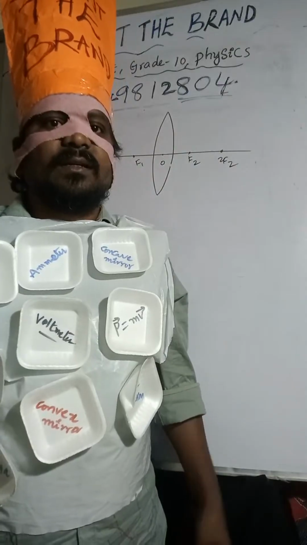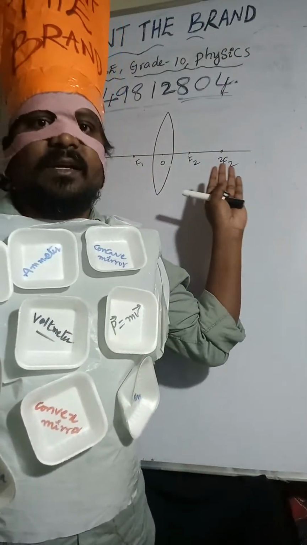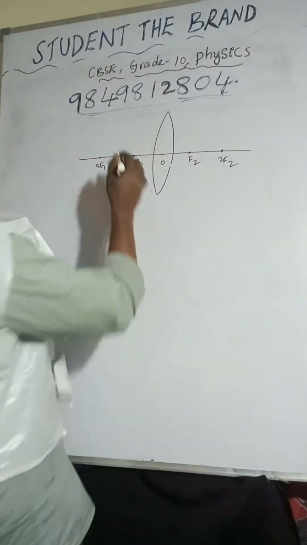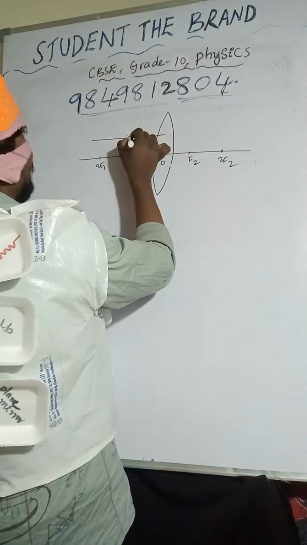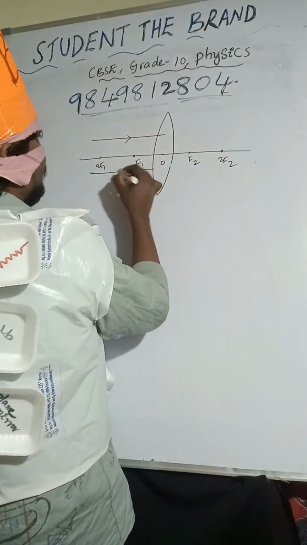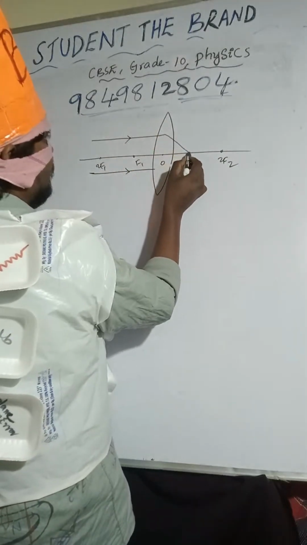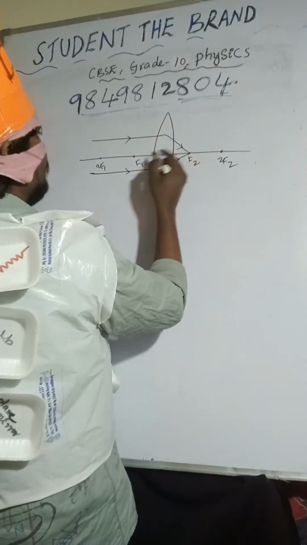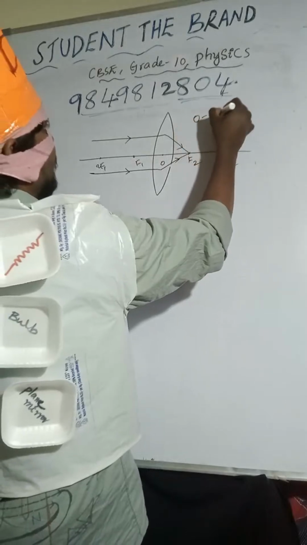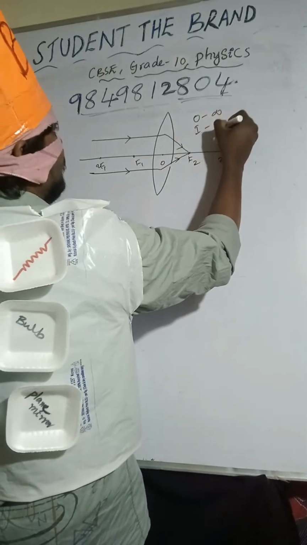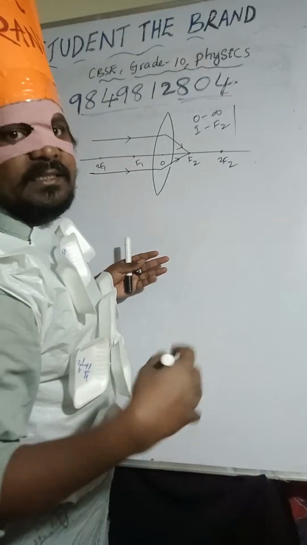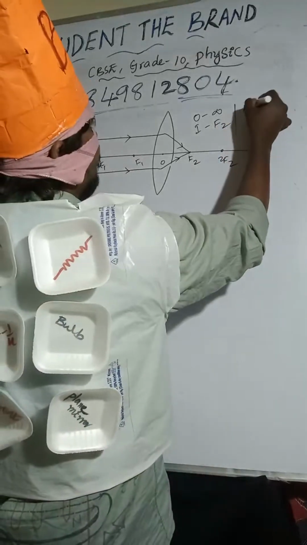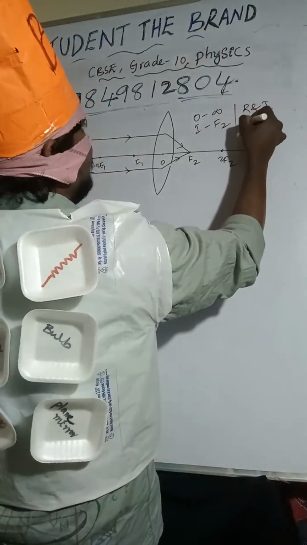So the object is placed at infinity, and the image is forming at F2. Nature of the image is real and inverted, and the size of the image is highly diminished.